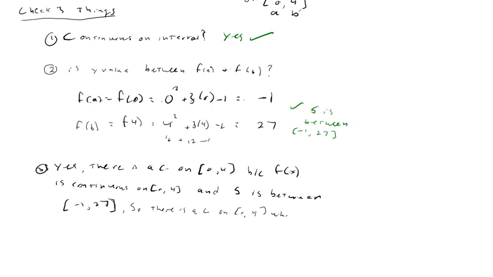I need to put this last thing. They want to see all three pieces: the continuity, the y value check, and that you say there is a c where f of c is 5.